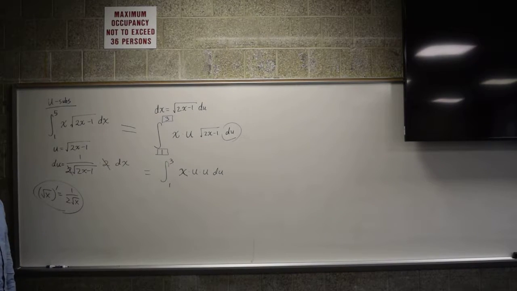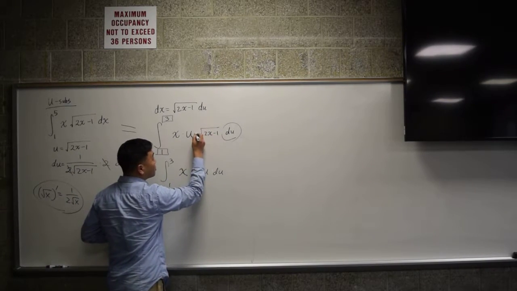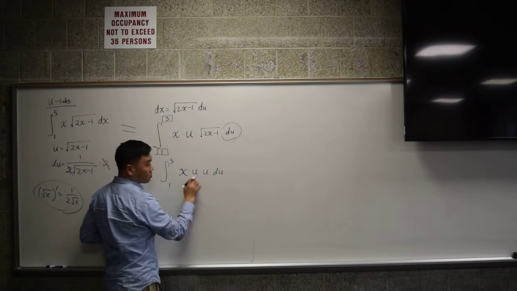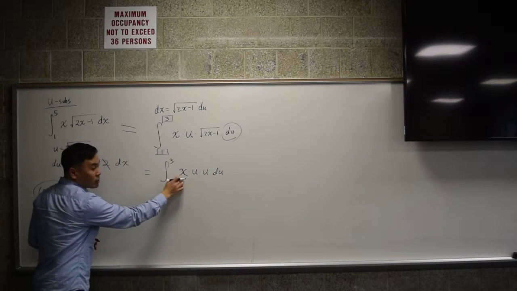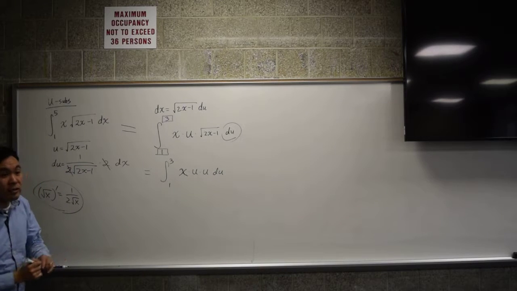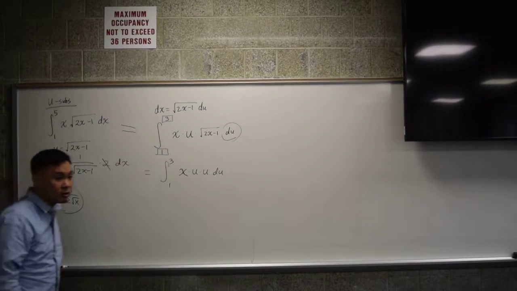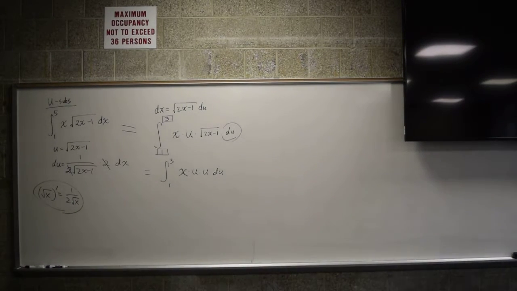Do you set another, like a w value? No. Why do you have 2 u's? Oh, because this is equal to u, so u times u. But my question is, what do we do with this x? Yes? When you solve for du, wouldn't that have to cancel or something like that?